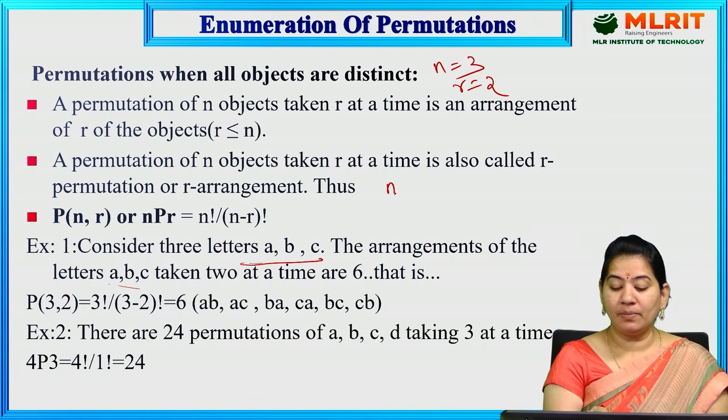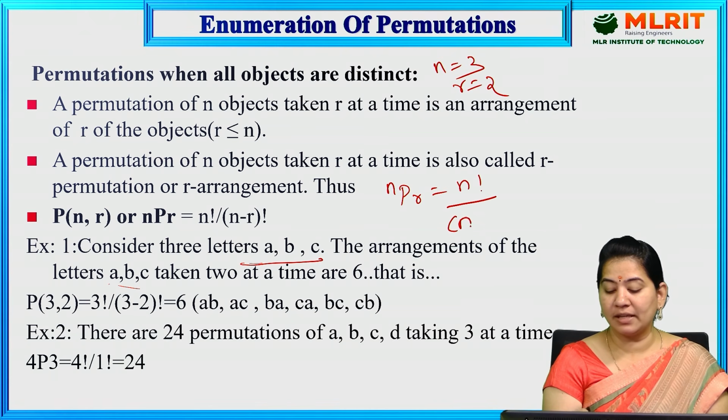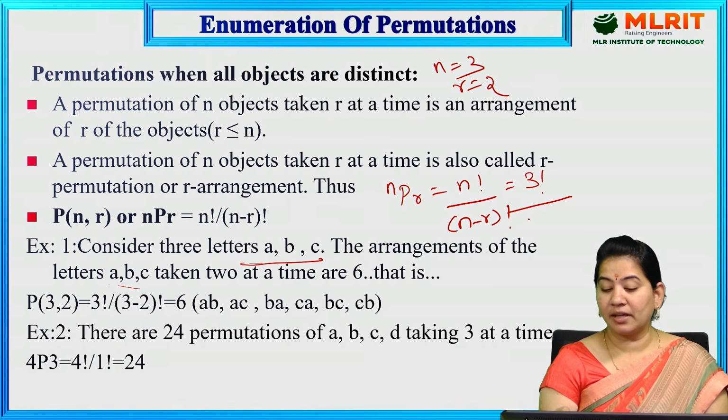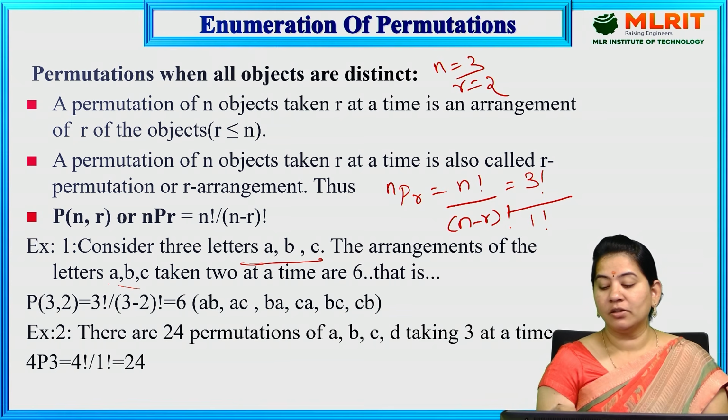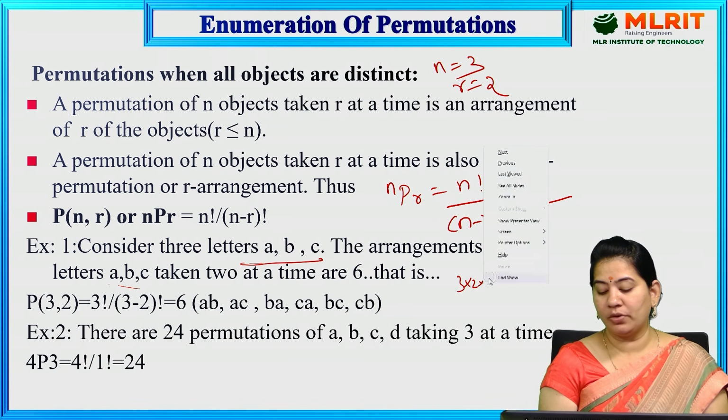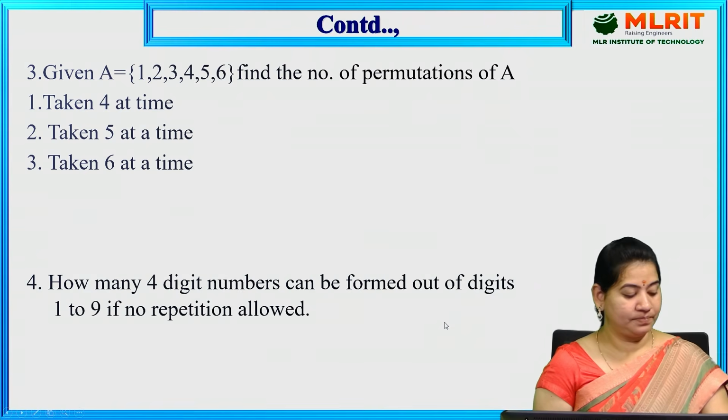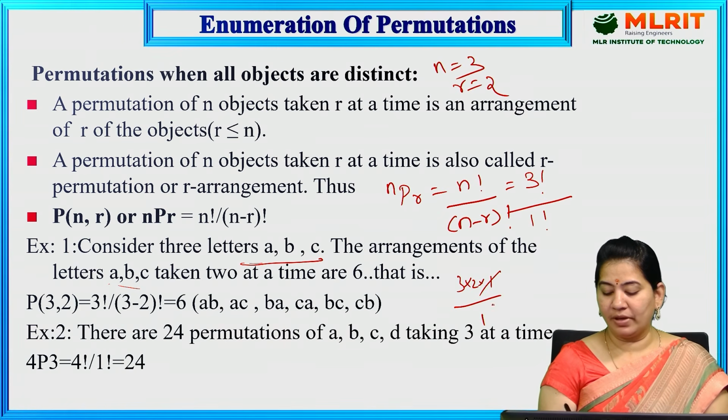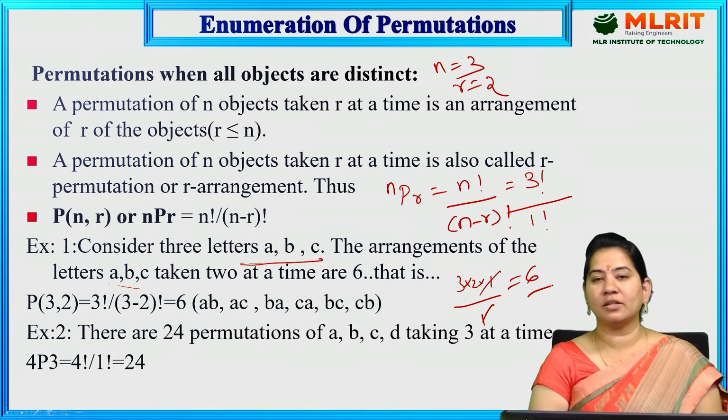So nPr = n factorial by (n minus r) factorial, which is 3 factorial by (3 minus 2) factorial, which is 1 factorial. So 3 into 2 into 1 by 1, the 1 will get cancelled, which is nothing but a total of 6 combinations.